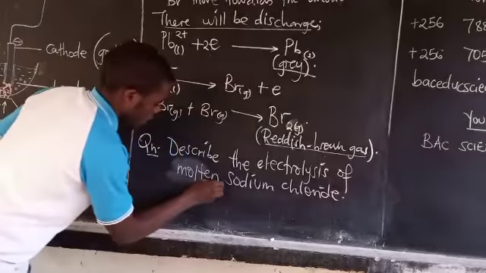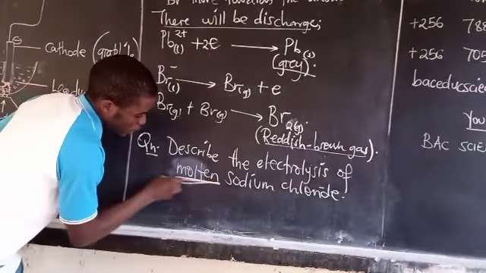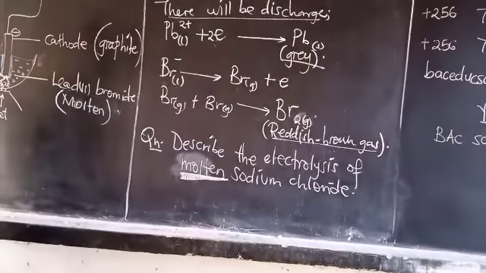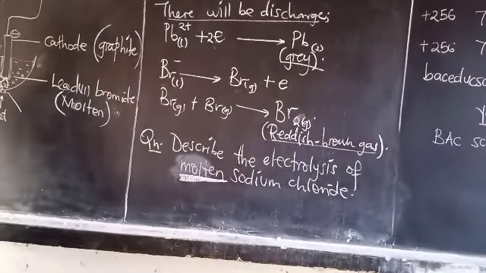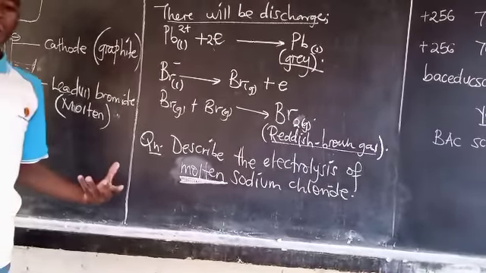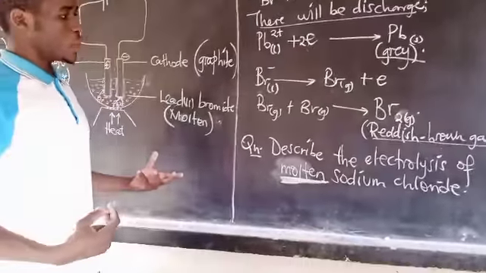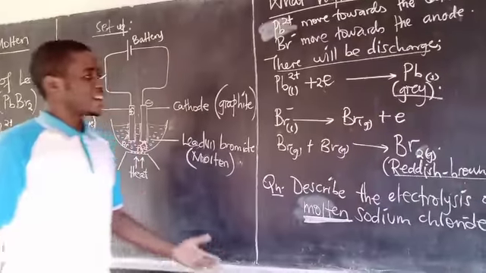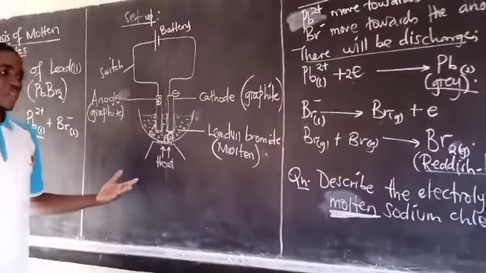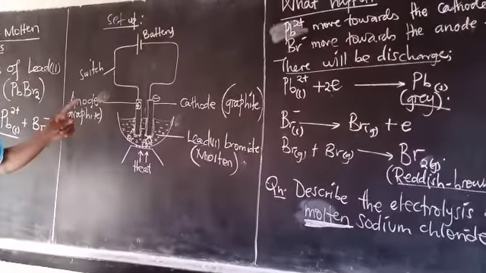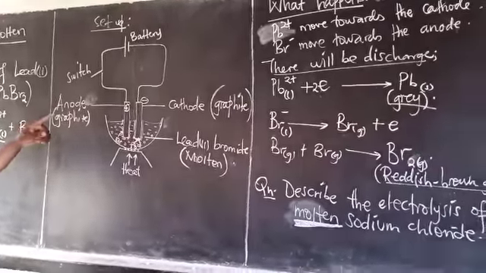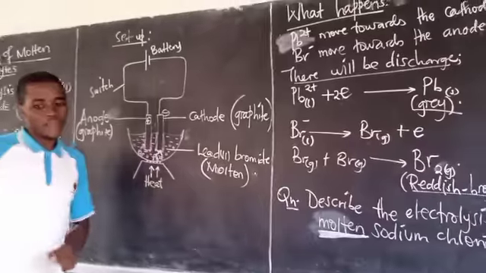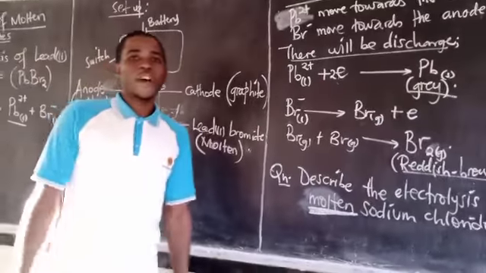Molten sodium chloride. Please make sure that the emphasis is on that word. Describe, in your own flow and your own order, how electrolysis can be done on molten sodium chloride. Do not forget to send us your findings.